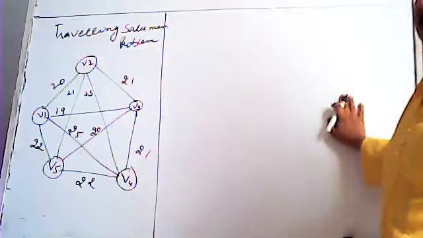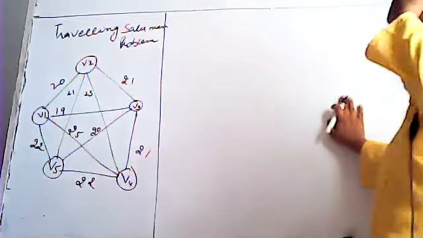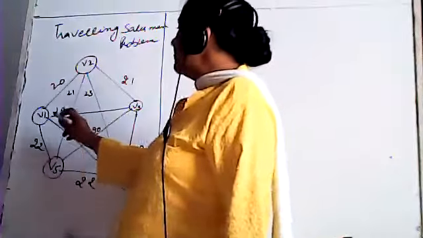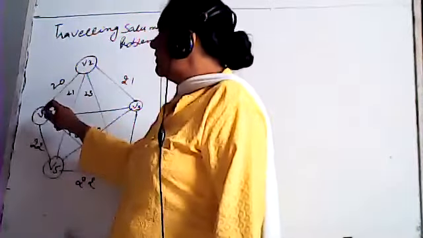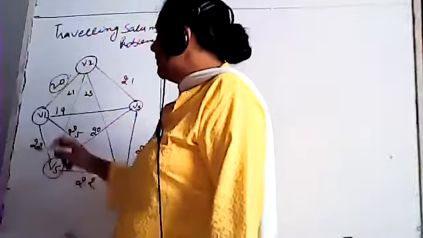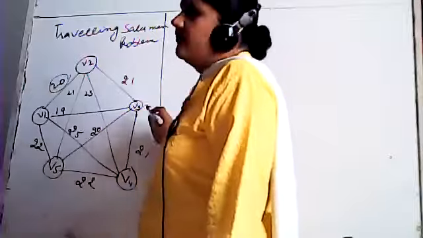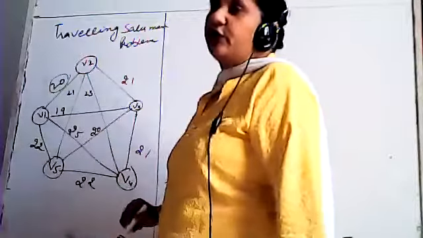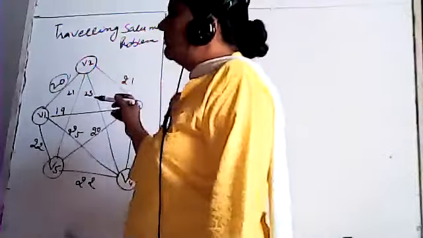As you can see in the graph, this is a fully connected graph. That means if a person wants to move from V1 to V2, he can either go this way, which has weight 20, or he can go first to V3, then to V2. Then he can find his way.